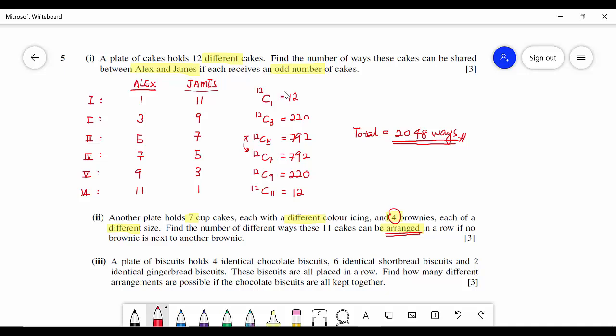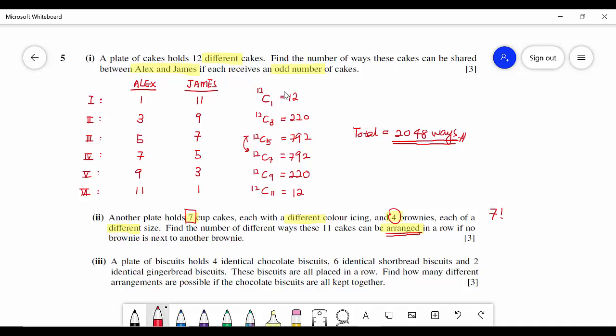If you want to separate all the 4 brownies, at first you have to arrange the 7 cupcakes first. To arrange 7 different cupcakes, it will be 7 factorial, or you can write 7P7 if you want.